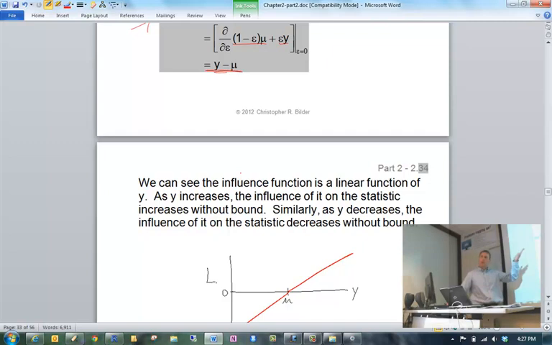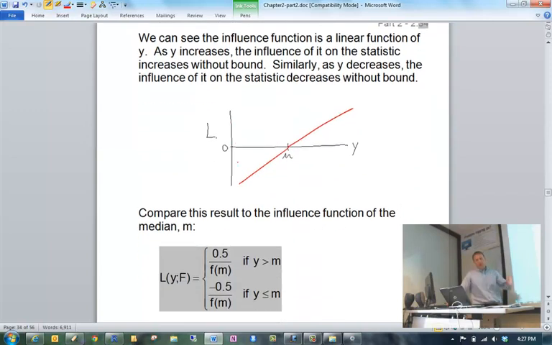Now I'm going to briefly talk about how this influence function is used in a robust statistics setting. So here's my influence function plot. We have L, my influence function, on the y-axis, and possible values of y on the x-axis.